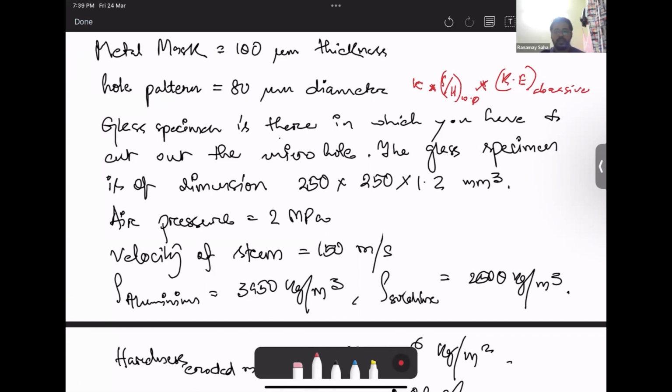Okay. So take help of this formula and just get down to the result.